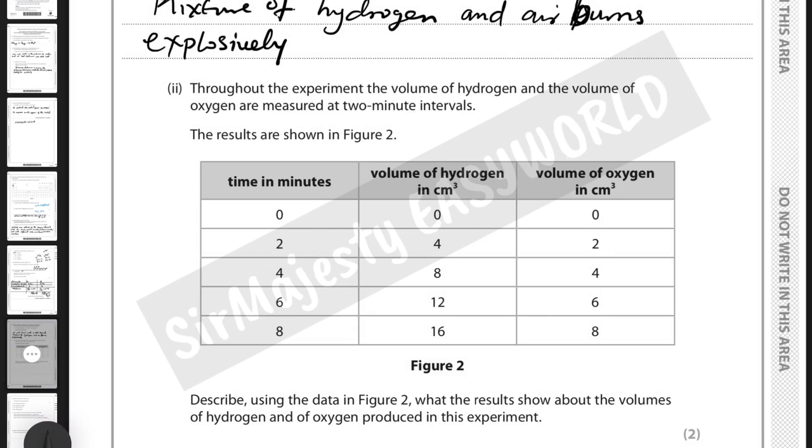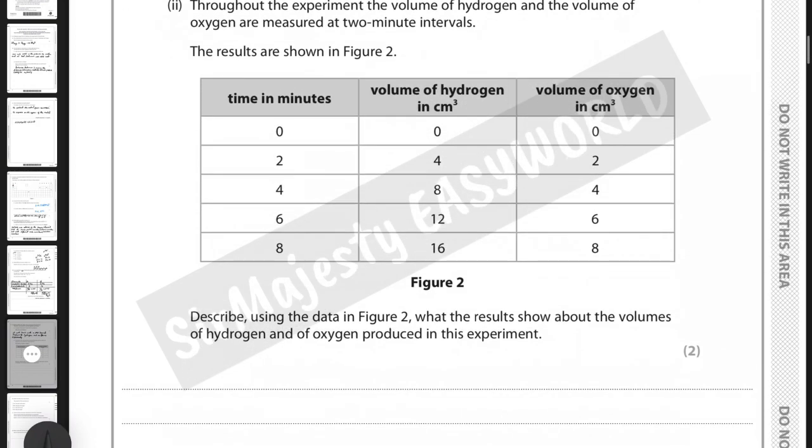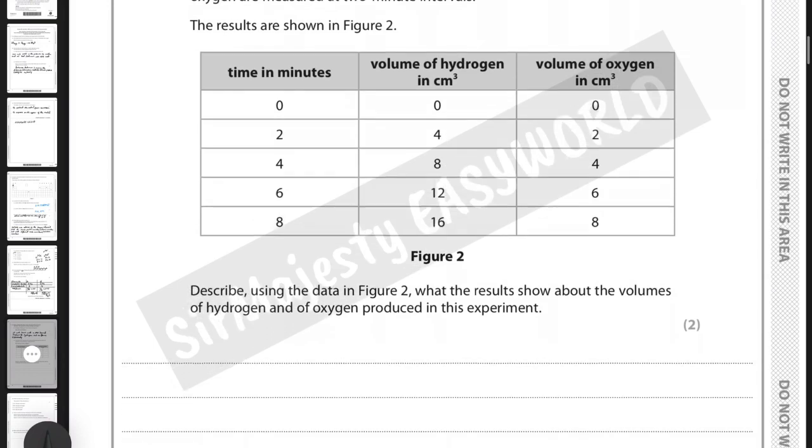Okay, this question says, throughout the experiment, the volume of hydrogen and the volume of oxygen are measured at 2 minute intervals. The results are shown in figure 2. In this figure 2, at 0 minutes, there was 0 cm3 of hydrogen, 0 cm3 of oxygen. Follow the table. After the first 2 minutes, we have 4 cm3 of hydrogen, then 2 cm3 of oxygen.